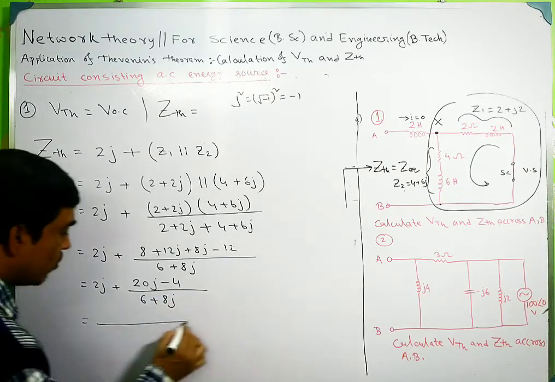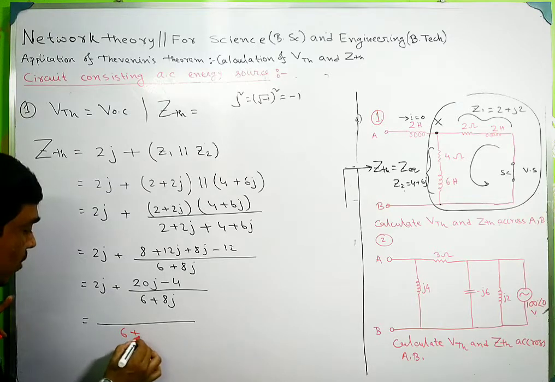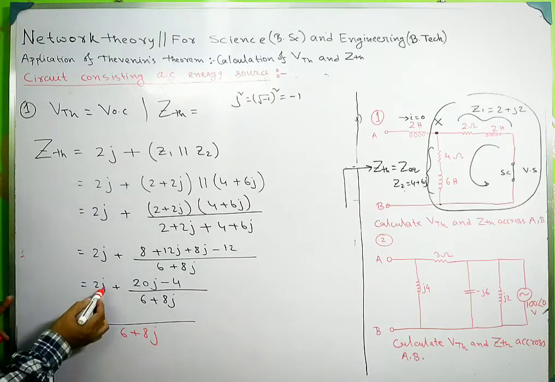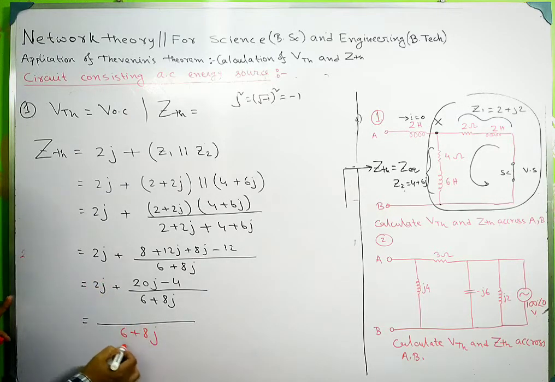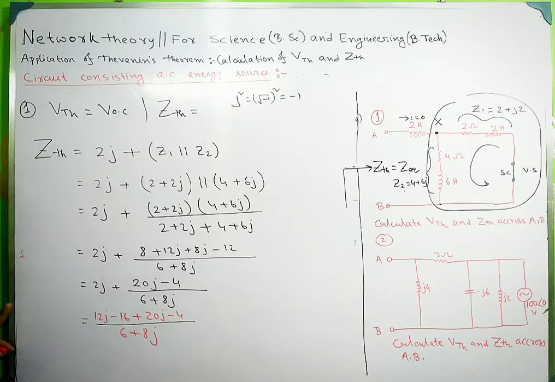So now you can write it this way: it is 6 plus 8J, so you have to multiply this with 2J, so it will be 12J and minus 16, plus 20J minus 4.